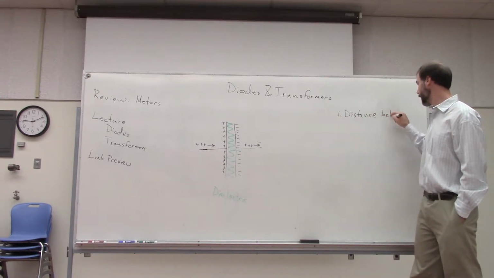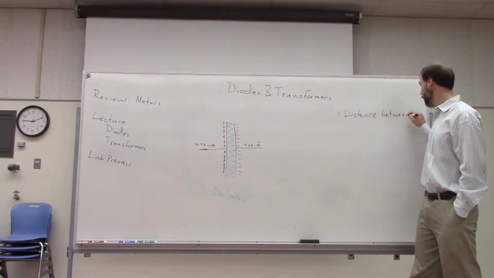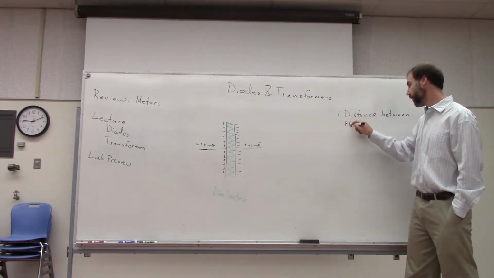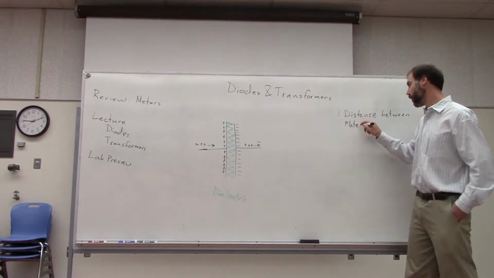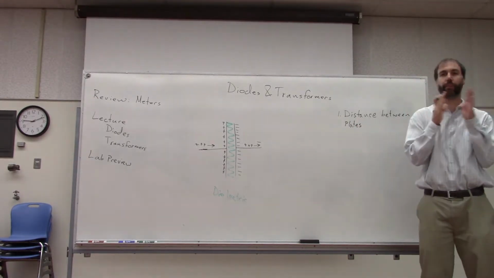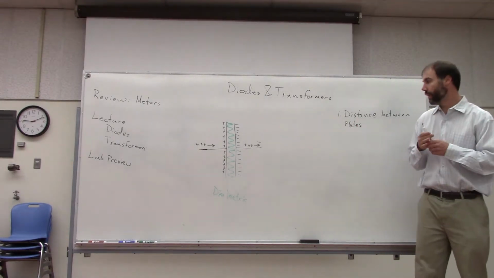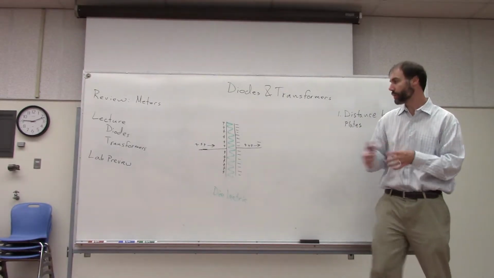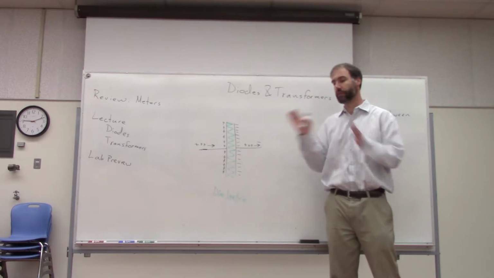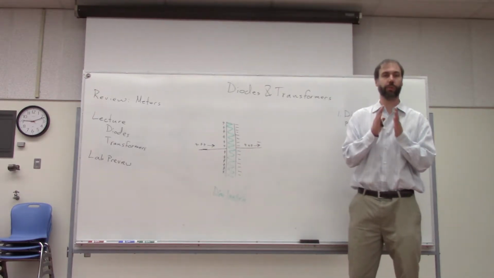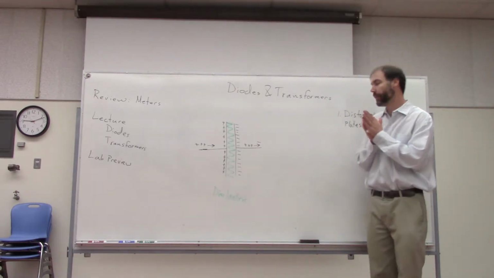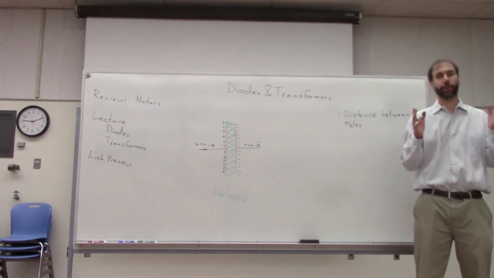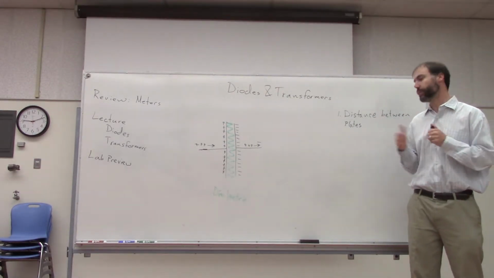So we said that just like magnets, the closer electric charges are to each other, the harder they pull on each other. So if you have the plates really close to each other, the positive charges attract a lot of negative charges, and so you can store more energy. So the closer the plates are to each other, the more energy you can store. The farther away they are, the less you store.